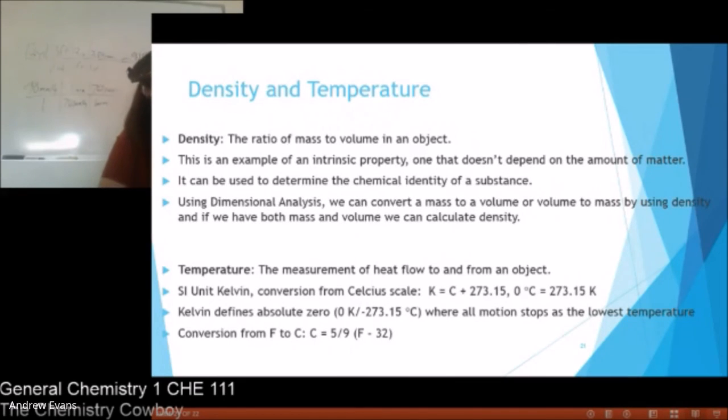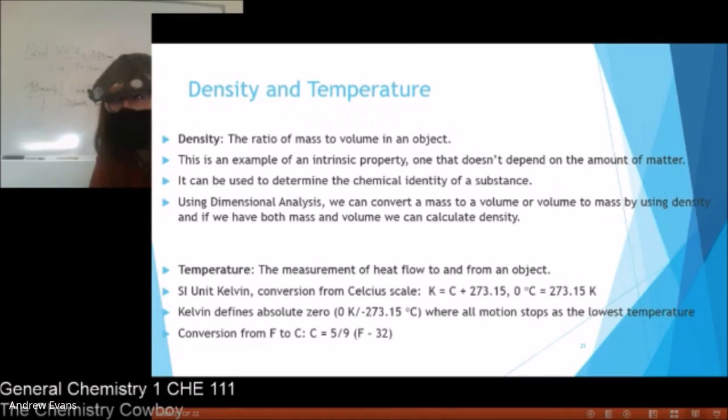Last thing, this is probably the last slide. We'll be able to look at density. That's one of the things we'll be looking at in one of the first labs. We'll look at the density, the ratio of mass to volume in an object. This is one of those examples of an intrinsic property that does not change. It can be used to determine the chemical identity of a substance, and we'll actually try to do that in lab.